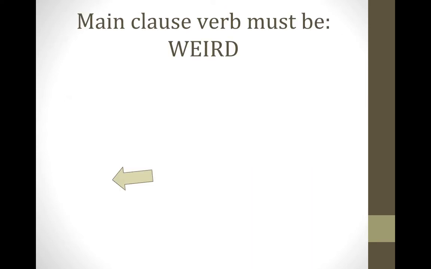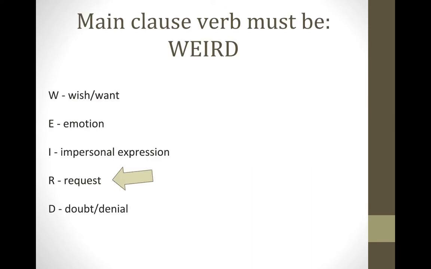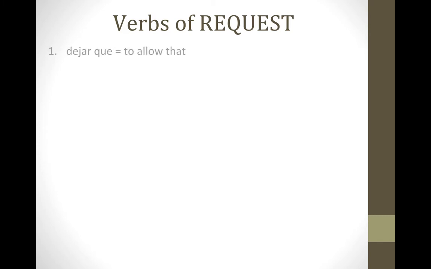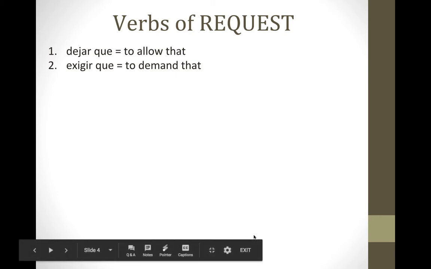So today, in our continuation of weird verbs, we're going to talk about verbs of request. On your note guide, you've got 6 verbs to fill out. First up, you have dejar que, to allow that. Exigir que, to demand that.